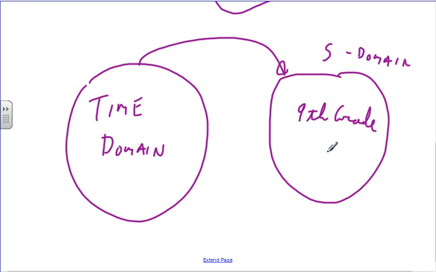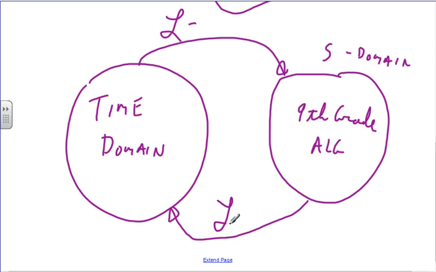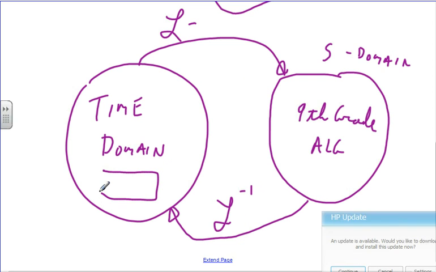Well, maybe not. Algebra, anyway. We're going to do 9th grade algebra on whatever it is we have from the time domain. And then we're going to come back. So over here we're going to do a Laplace transform on the way over to the S domain. And we're going to do an inverse Laplace transform back. And now we're going to have the answer without doing any trig.